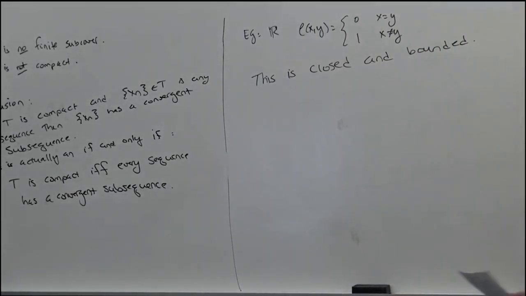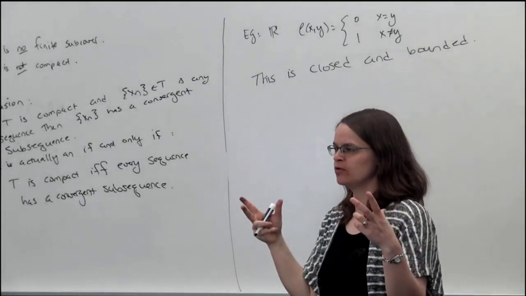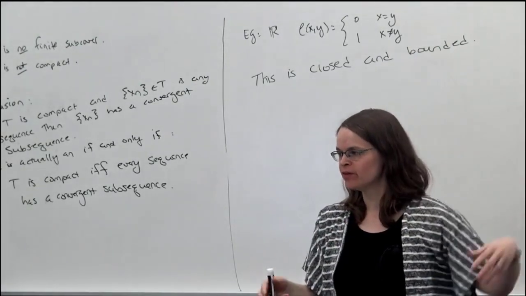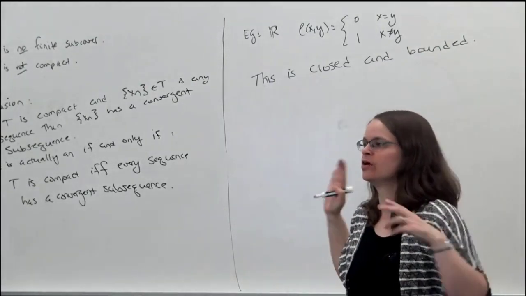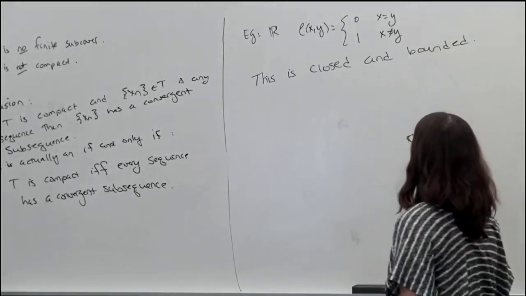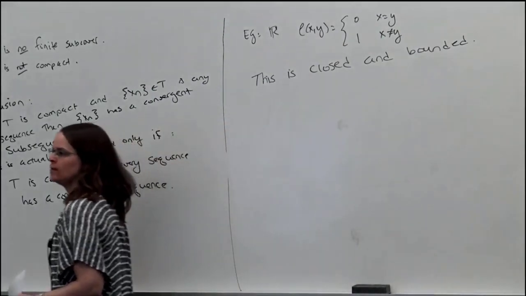In some sense, I take any sequence in here and the points in the sequence stay close together, right? Even if I take the sequence 1, 2, 3, 4, the counting numbers, they stay close together in this metric because nothing is ever more than a distance 1 apart from anything else. Is this a compact set?